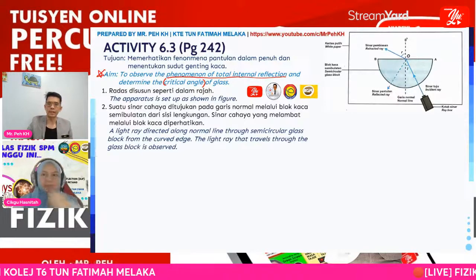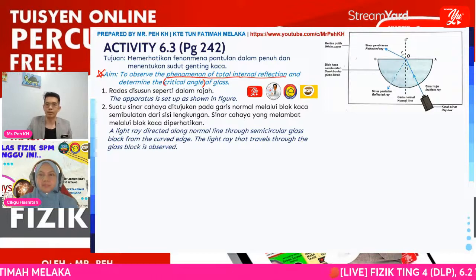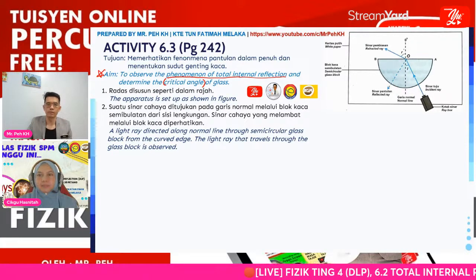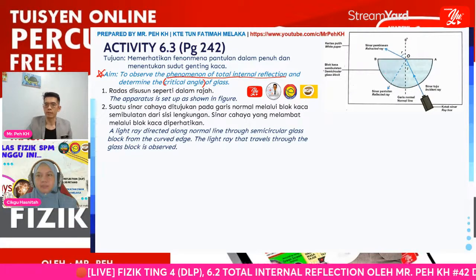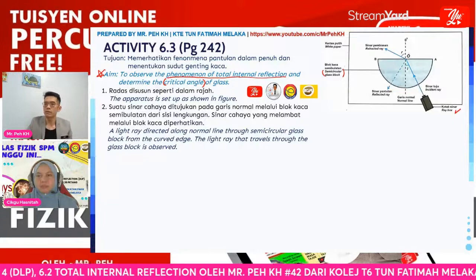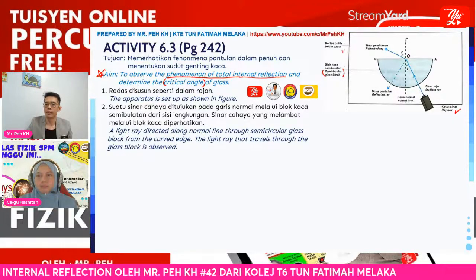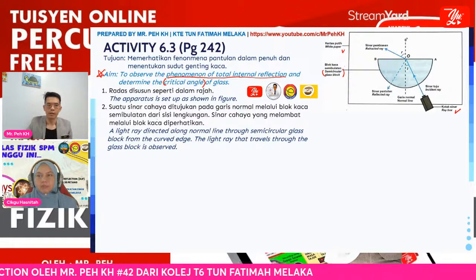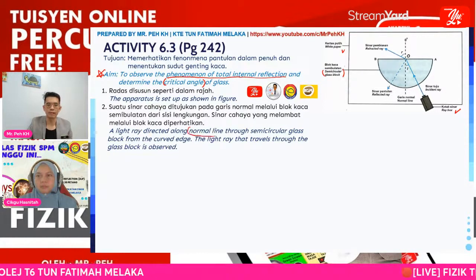Okay, so basically the apparatus will be set out as shown in this figure. We have the semicircular glass block, the ray box, and white paper. The first step, a light ray is directed along the normal line.